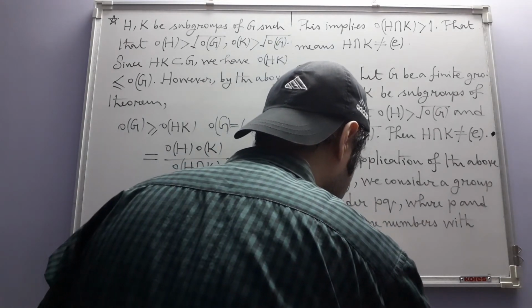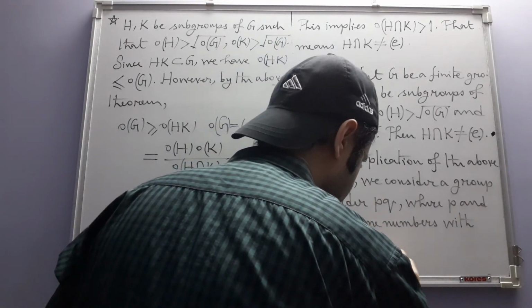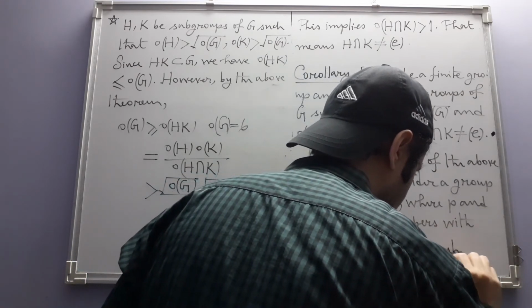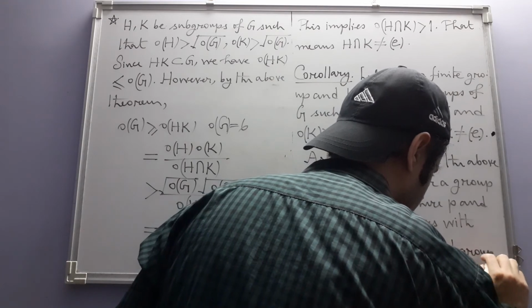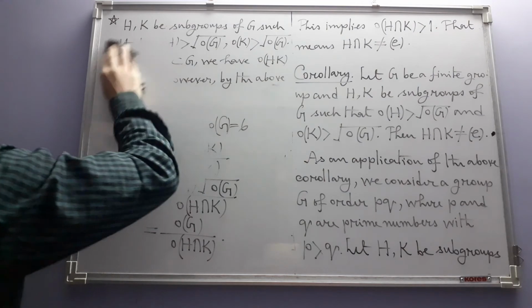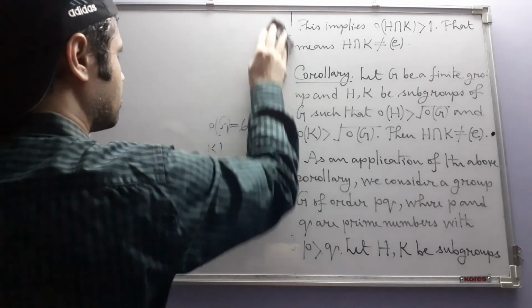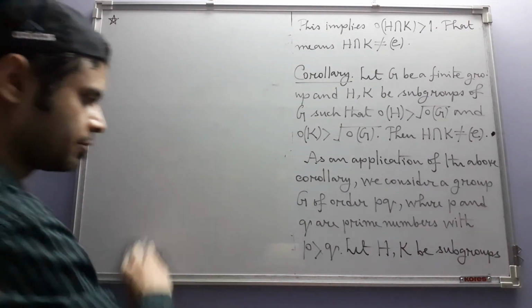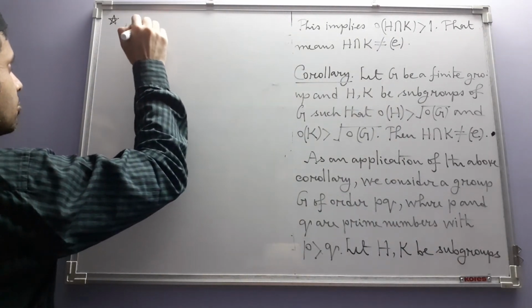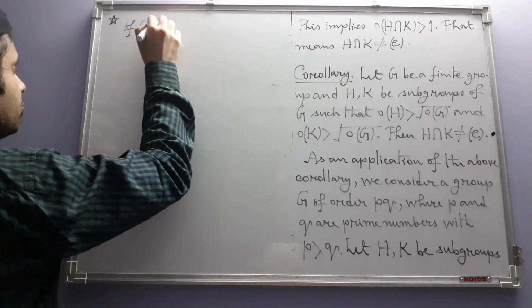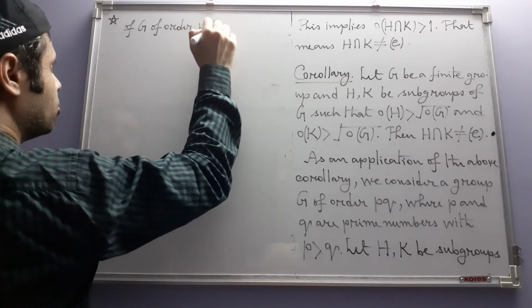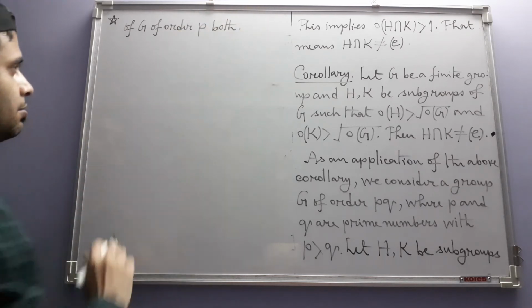Let H and K be subgroups of G of order P, both of them have order P, say.